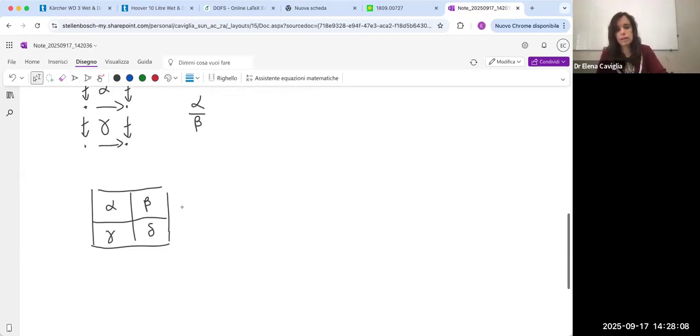And we want to understand what this big double cell is. Then we have two different ways. We can either first compose horizontally alpha and beta and gamma and delta, and then compose vertically. Or we can compose first alpha and gamma and beta and delta vertically, and then compose horizontally. And this gives the same result. So we have an interchange law.